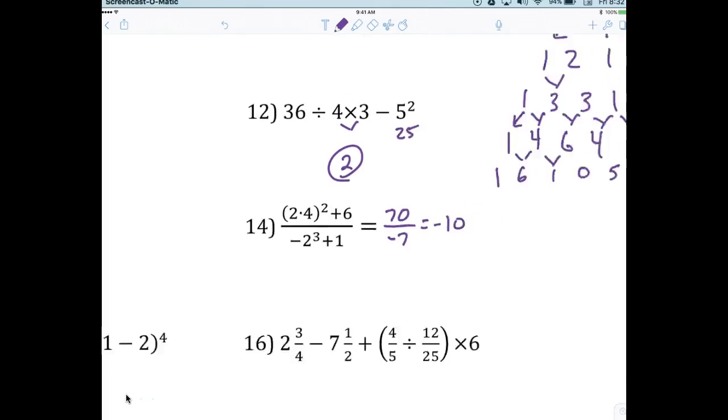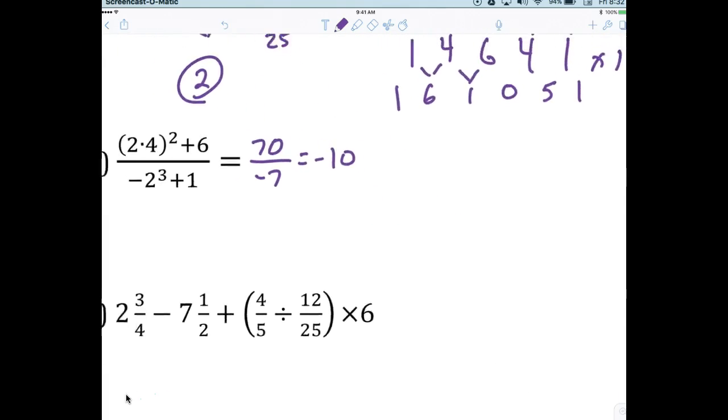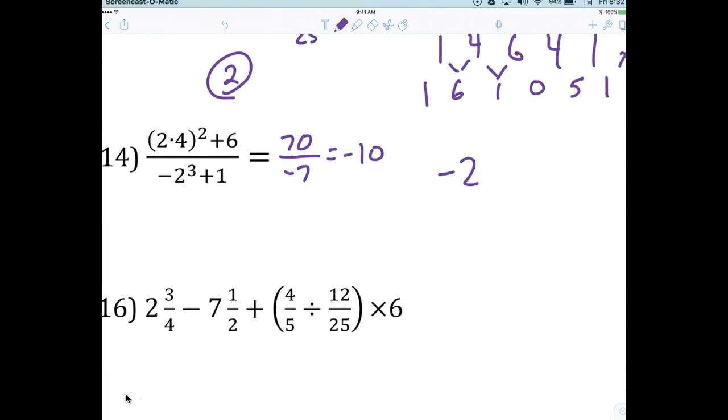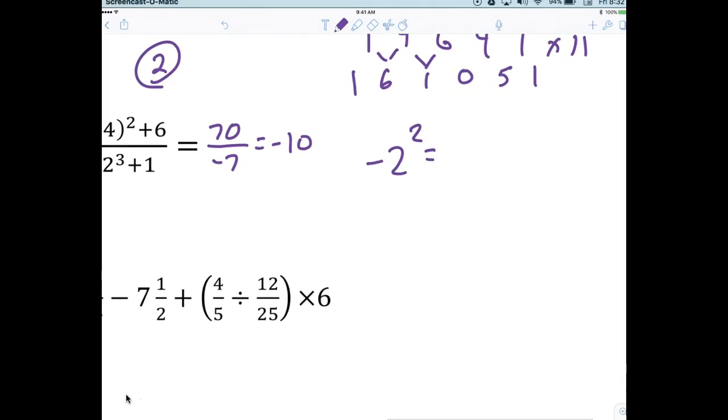Now, I want to review with you this real quick. If I said -2 squared, what's that answer? Now, this is where people are making mistakes. So I want to teach you a bunch right now. Listen to me carefully. I'm going to highlight this right here. That doesn't mean -2. I want you to think of that as meaning the opposite. That means the opposite of 2 squared.